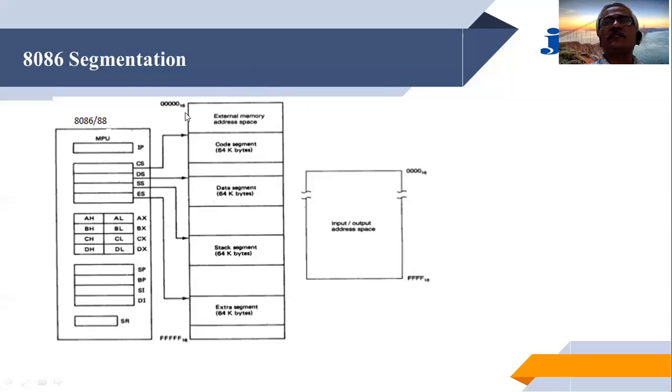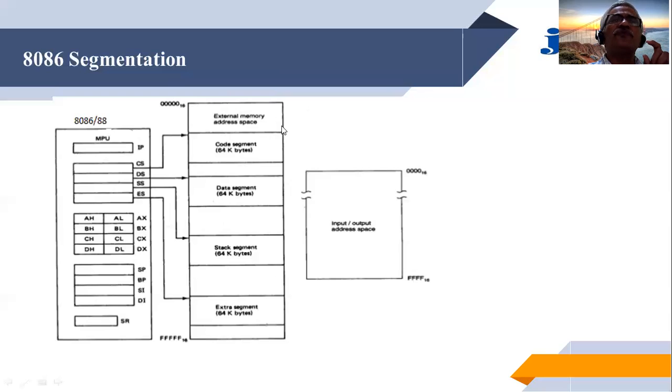So one of the address registers can hold some kind of effective address, or even the effective address can be generated if there is more information about the calculation of the effective address. And that effective address, when manipulated with the base value, let's say this base value is 0000, the base value multiplied by 16 will append a 0 to it, and then adding the offset value or the effective address value will give us the 20-bit physical address of the 8086 memory system.